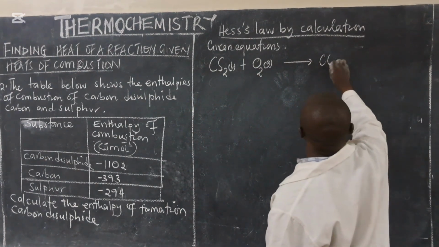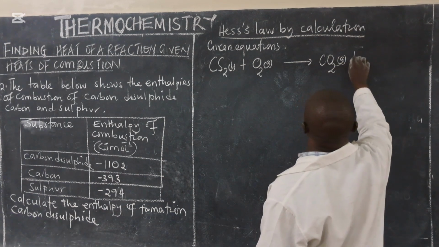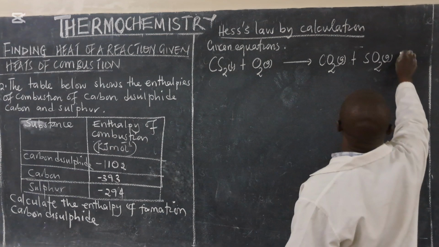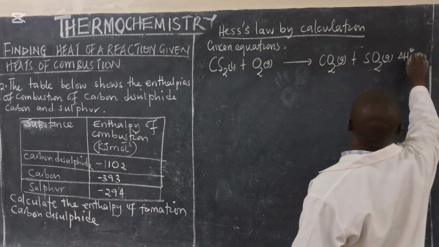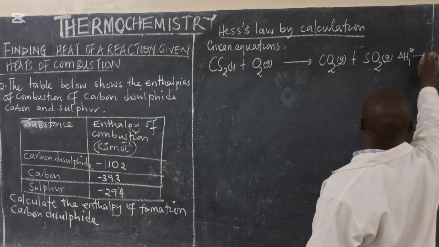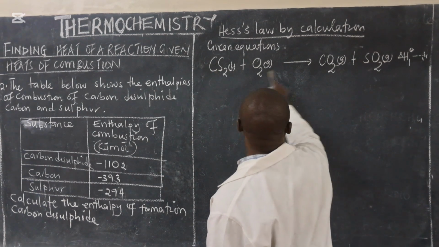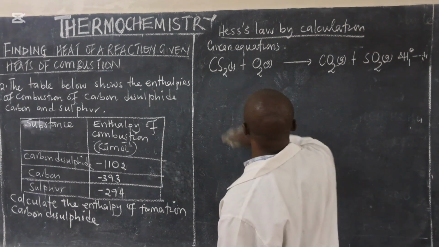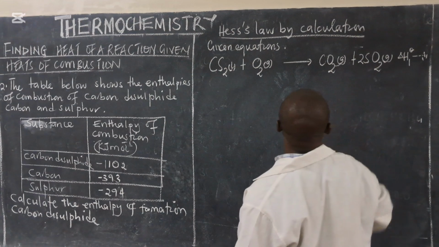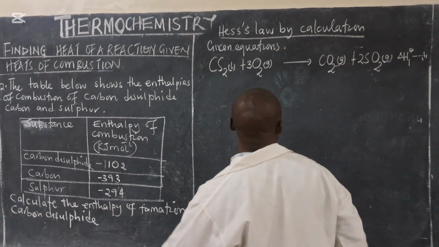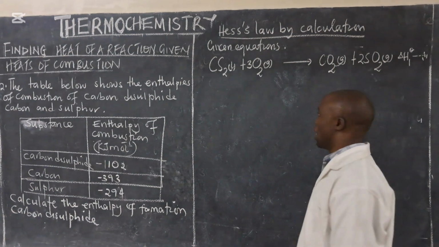We get carbon dioxide plus sulfur dioxide. Call this enthalpy change heat 1 and call this equation 1 here. So you can balance it. There's one carbon atom, 2 sulfur atoms, so we put 2. Making oxygen is 6, so we put a 3 here. And I think that obviously balances.